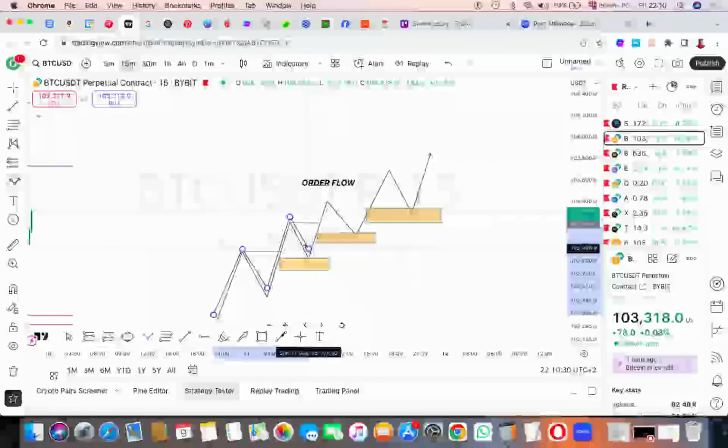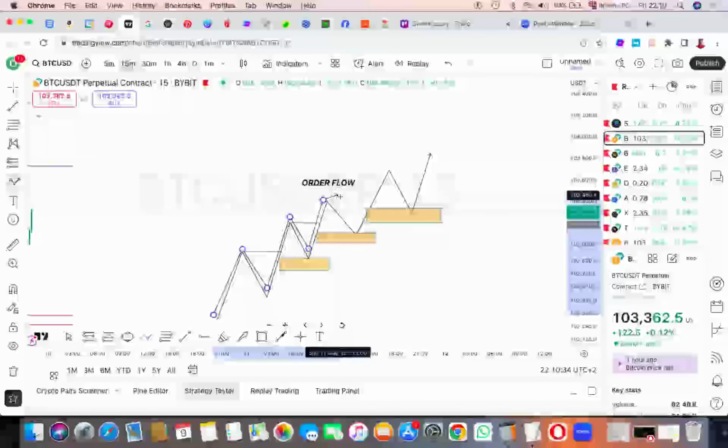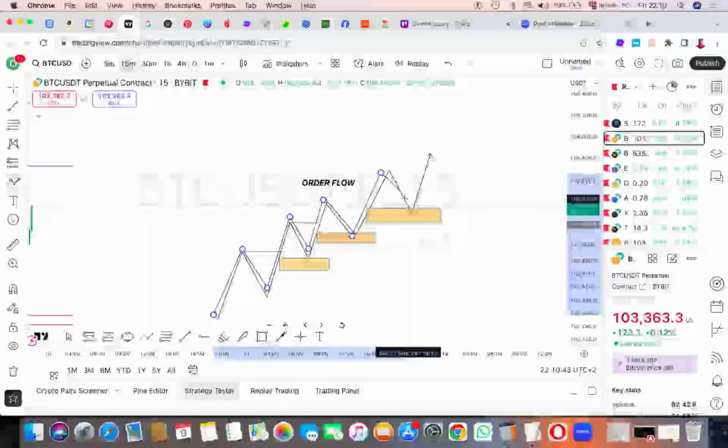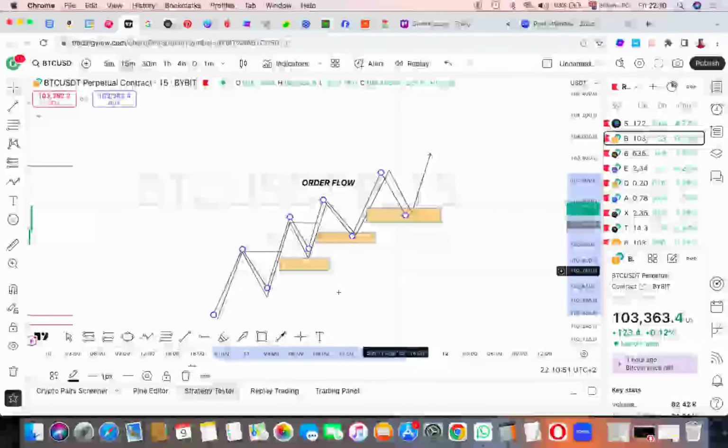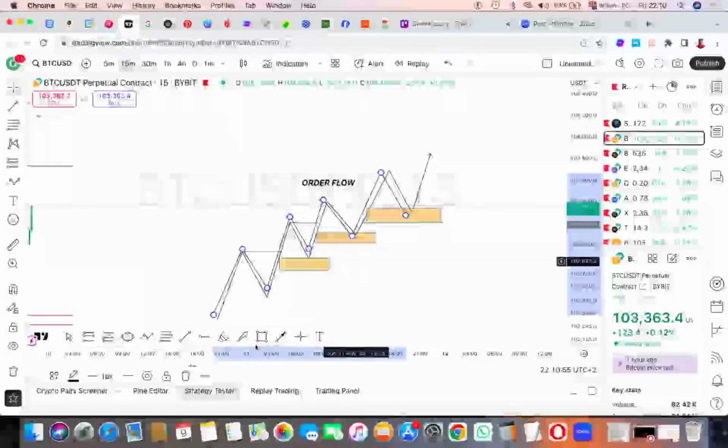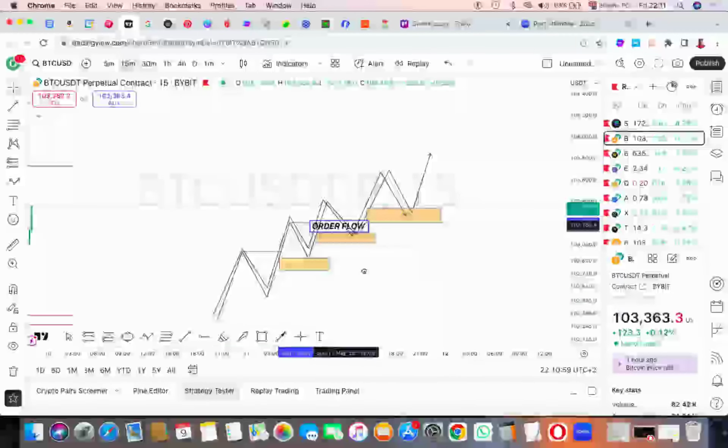Then again an impulsive move to the upside. The market repeats the same thing, creating a pullback phase, then an impulsive move, then another pullback to the other blocks. This movement is what we refer to as order flow.